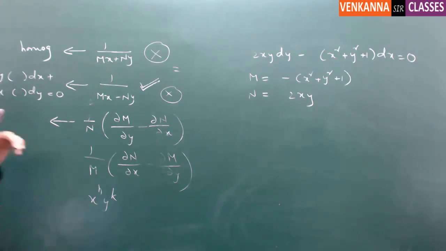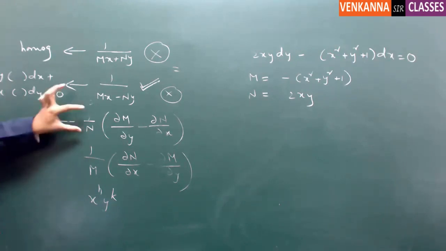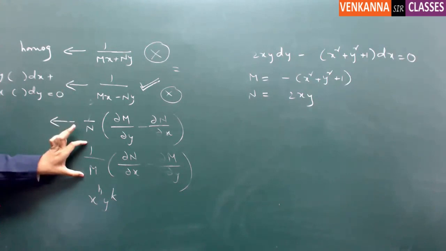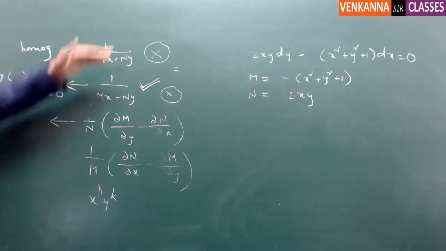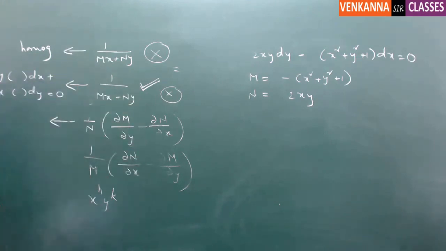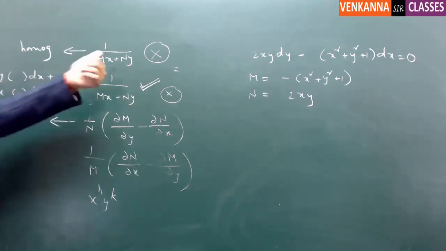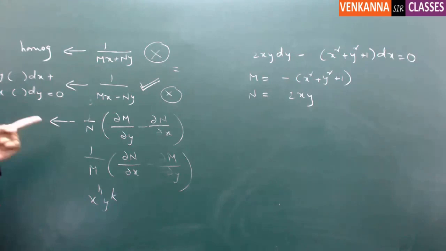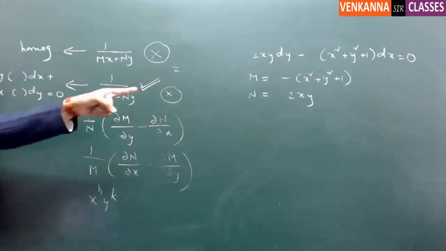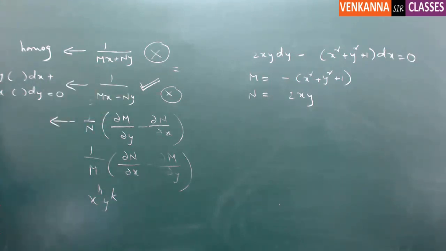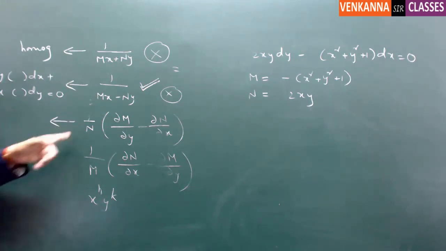Now here I am left with two things, 1 by N into and 1 by M into. However, I am choosing the problems at random as per the problem formulas I have written here. So this is the integrating factor for this problem, and in the exam you are going to verify for the two things.